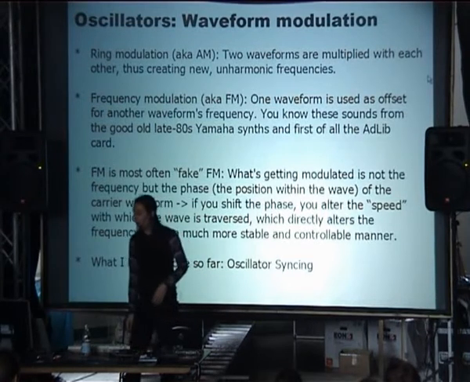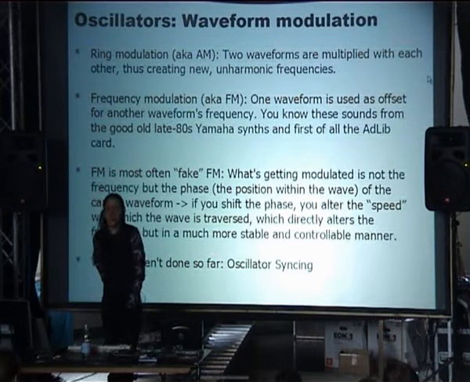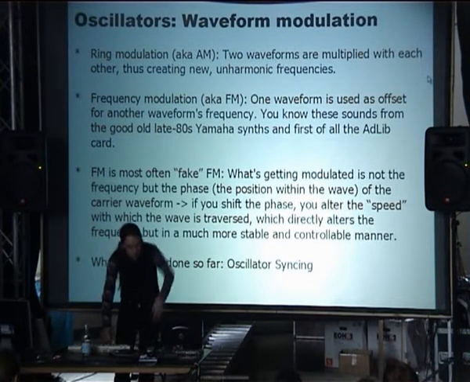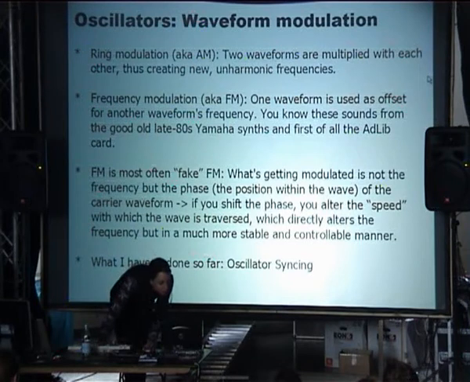Another kind of modulation is frequency modulation. This is what the old Yamaha synthesizers like the DX7 or the Adlib sound card uses. We take one sine wave, and now we take another sine wave, which can modulate the first sine wave. Just wait.